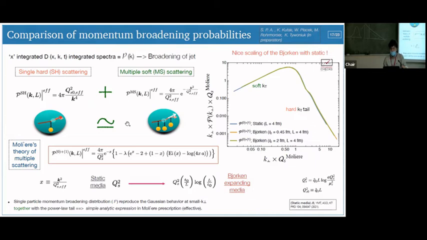We derived the corresponding solutions from the static media to the Bjorken expanding media, and we see a very nice scaling of the profiles with each other when we look at the broadening probabilities with these molar approximations.